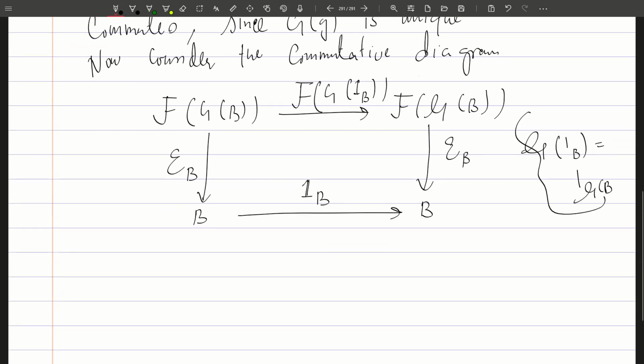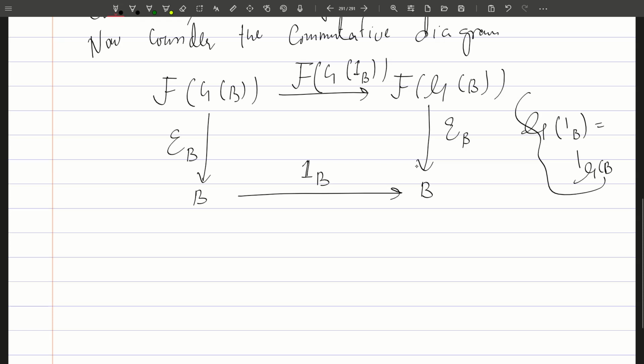So now, if we look at F of G of 1 sub B, then by definition it is the map: first you go via epsilon B, followed by 1 sub B, followed by epsilon B inverse.